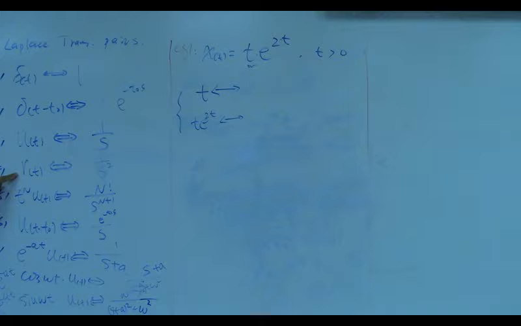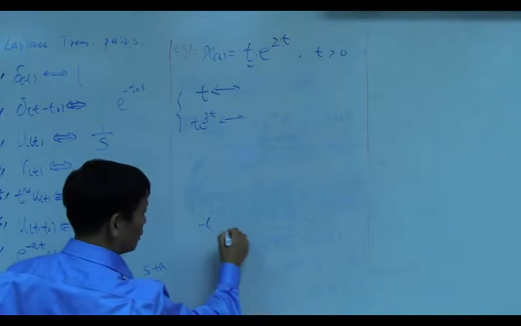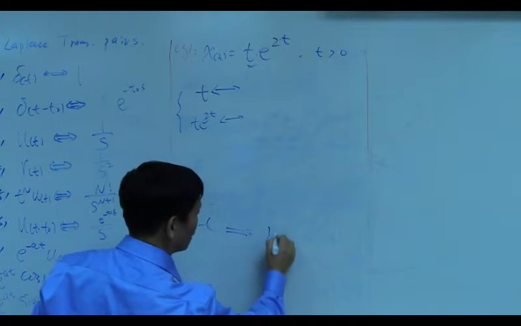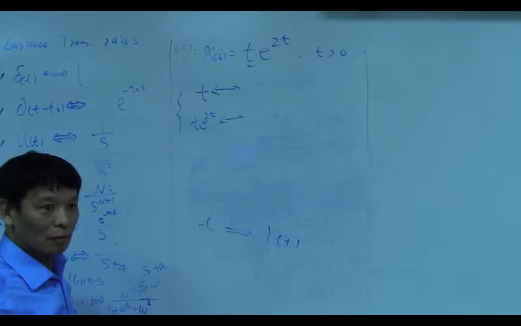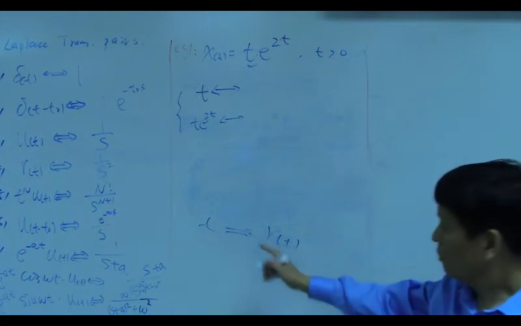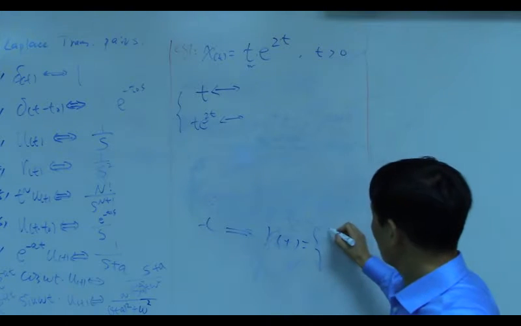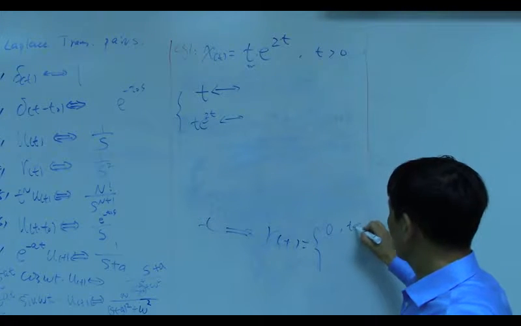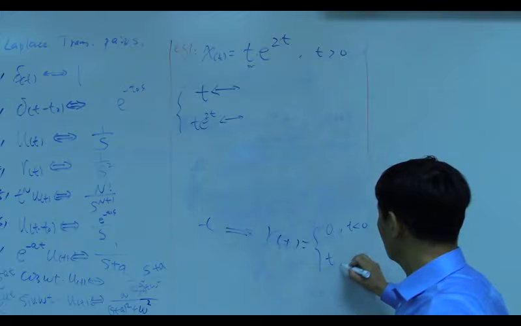Yeah, but r(t) is t, right? How is r(t) t? Is t the same thing as r(t)? Yes, because keep in mind, we always have t greater than 0. What is r(t)? r(t) equals 0 when t is less than 0, and t when t is greater than 0.